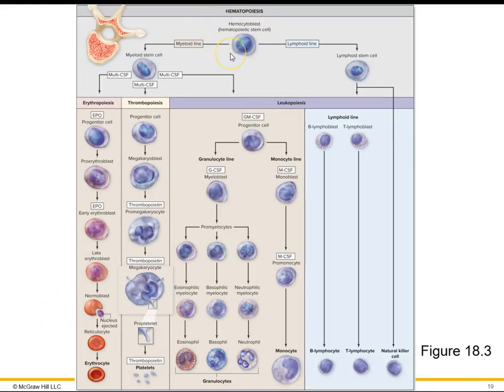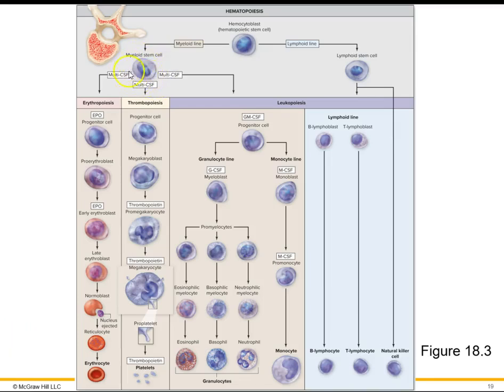Depending on the signal it receives, it can go on to become a myeloid stem cell or a lymphoid stem cell. Let's say it goes on to become a myeloid stem cell. This myeloid stem cell is going to develop into a red blood cell, platelets, or a type of white blood cell based on the colony stimulating factor signals that it receives.